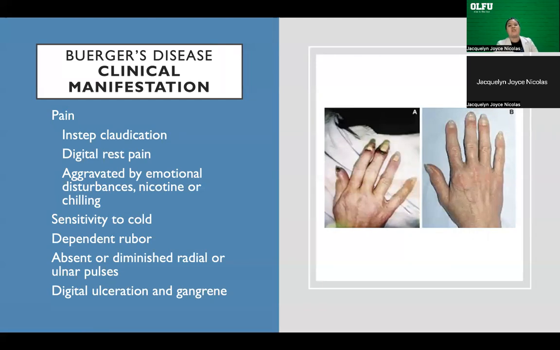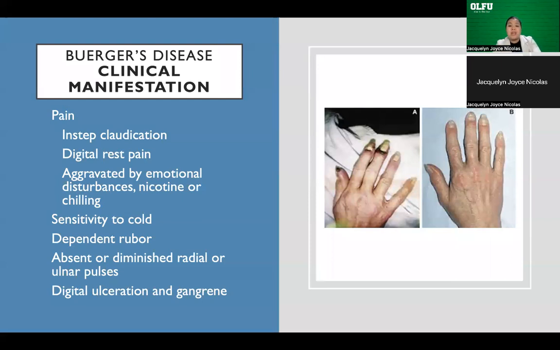Yan. In-step claudication. So, di ba kanina intermittent claudication can affect the muscles of the leg, the muscles of the thigh. Okay, dito, it usually affects the instep. Okay, again, sabi ko nga yung arc ng paa. Digital rest pain. Masakit ang daliri, wala namang ginagawa. Okay?